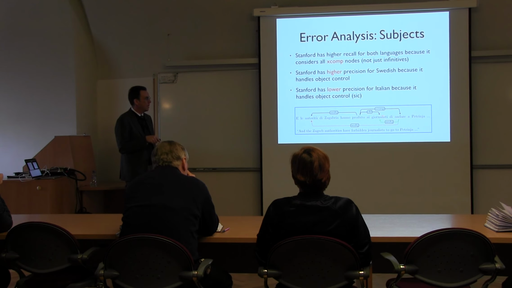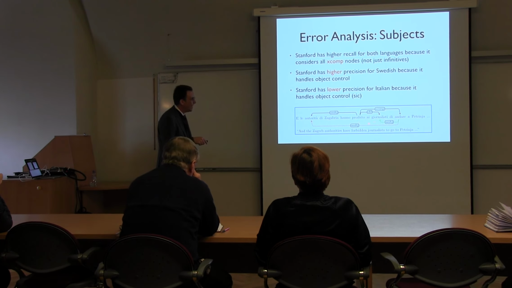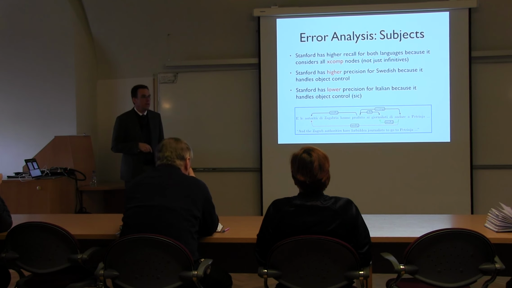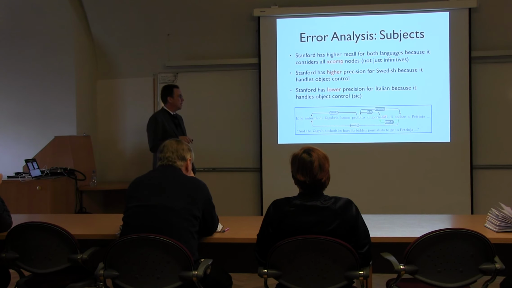It's some kind of oblique or possibly dative object, or here there is a preposition. So what happens here, of course, is that the Stanford system doesn't find a direct object and therefore happily predicts subject control, which is wrong in this case. The Finnish system also doesn't find an object, but can at least sort of abstain from predicting this to be the controller.